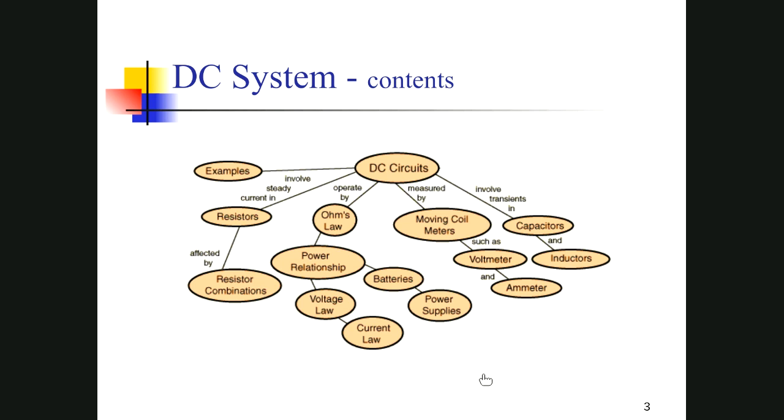So before talking about each concept, let's have an overall outline about these chapters. DC circuits. First, we will give you some examples of DC circuits. In the circuits, there is a very important component. That's the resistors.